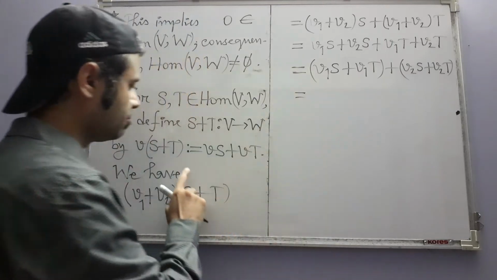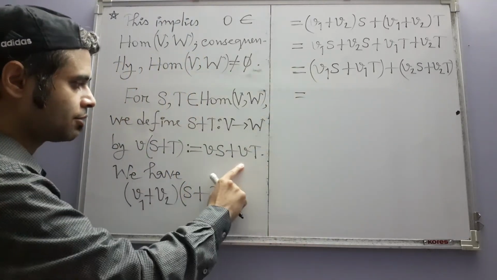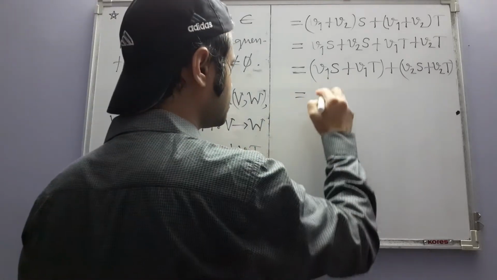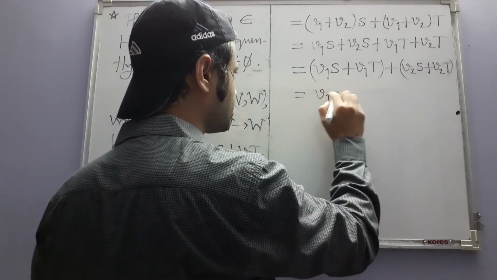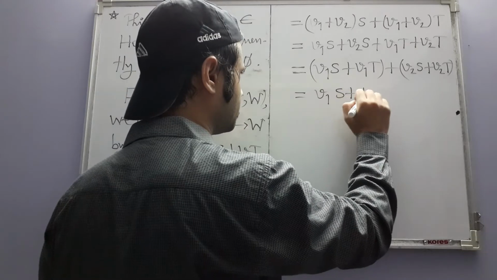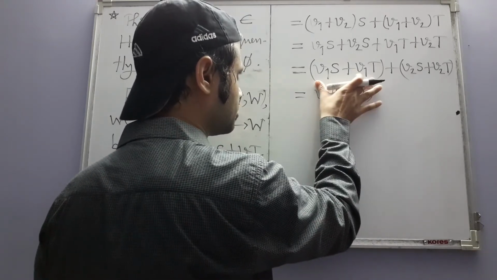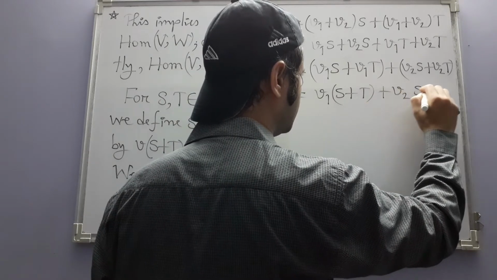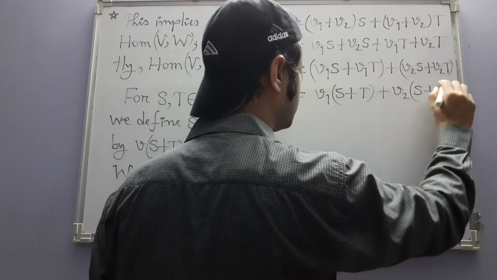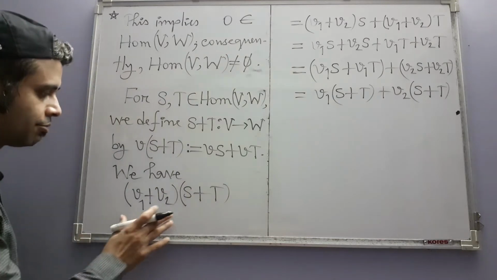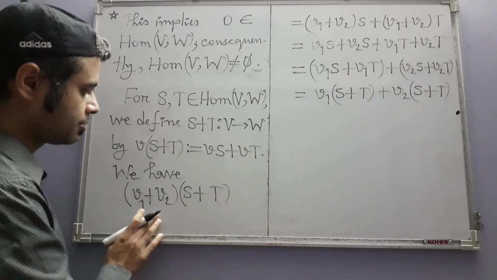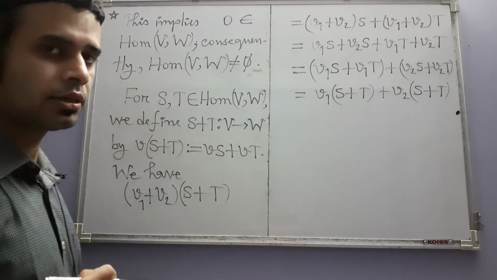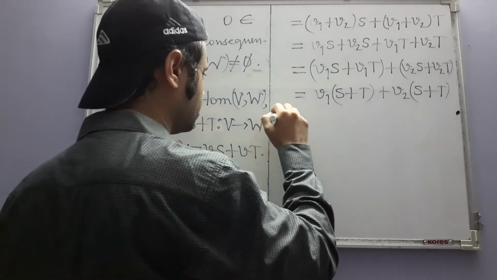So now if you look at the definition of S plus T again, this is the S plus T image of v1, this much, just like that. This one is the S plus T image of v2. So that's how we get the fact that S plus T in fact is also a function which respects vector addition.